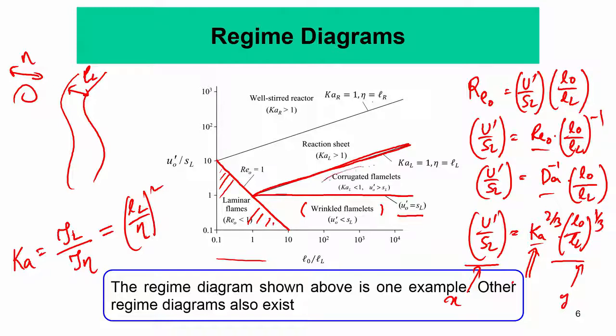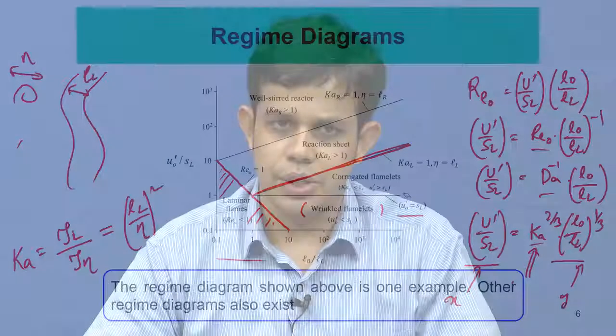In the regime smaller than this, the Kolmogorov eddies are much larger than the flame thickness. So in all these regimes that we have discussed, the flame structure or the preheat zone remains undisturbed by turbulence.